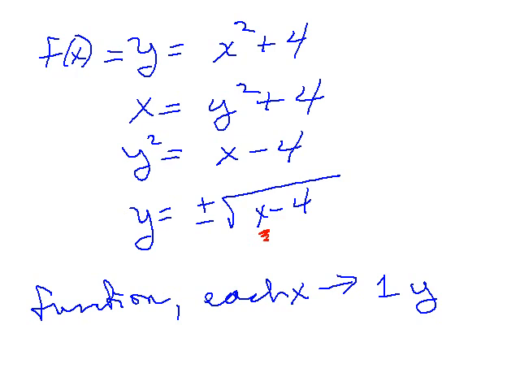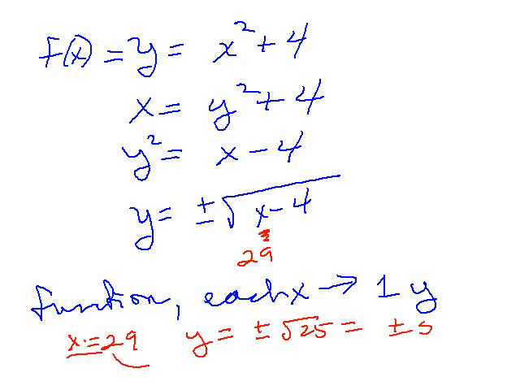Say you put 29. So let's say x equals 29. Then you end up with plus or minus the square root of 25, which is plus or minus 5, so that when x is 29, y would be 5, and also y would be minus 5.